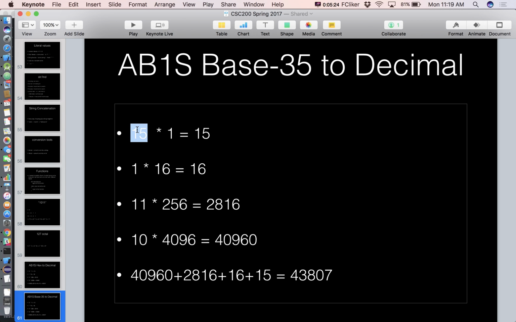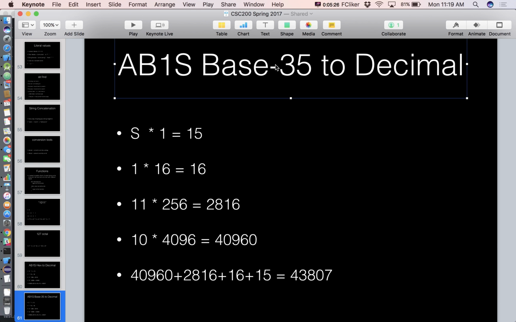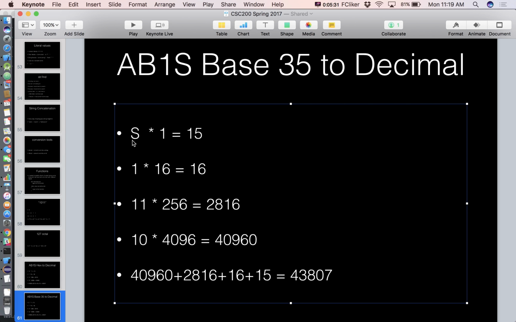Okay, so it's negative 35. Well, I was trying to put base 35, but let's not confuse it. So base 35, this is S times 1, because this is the ones place. And we'll give values to it here in a second.